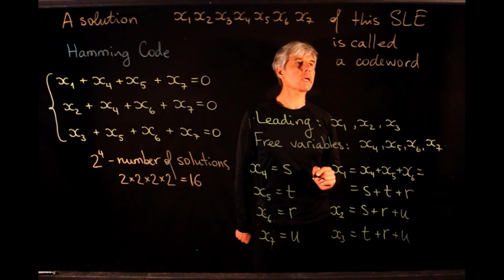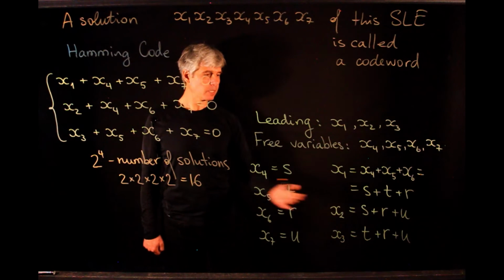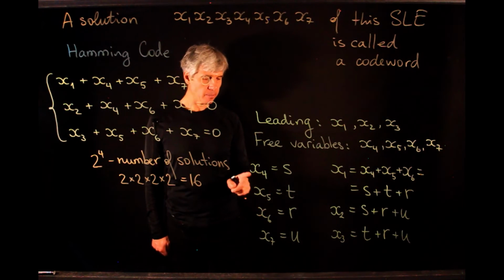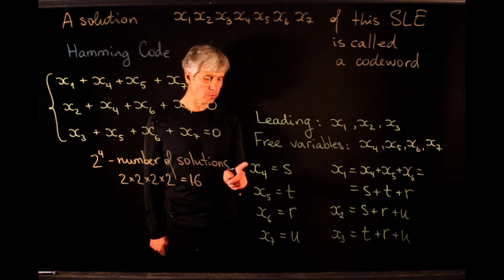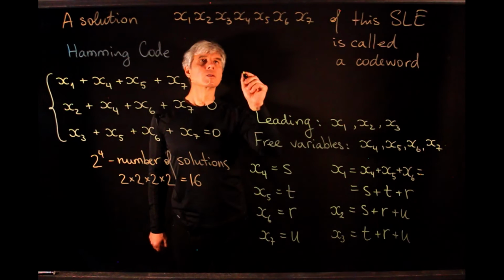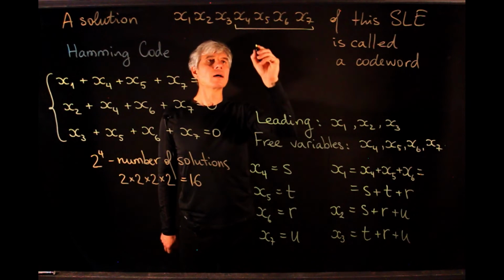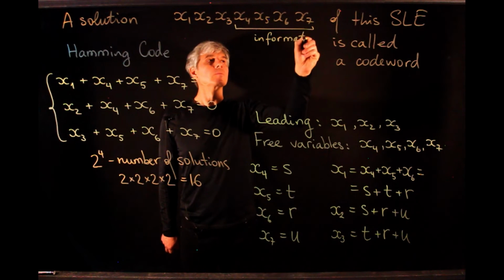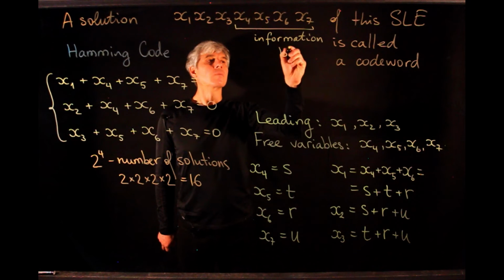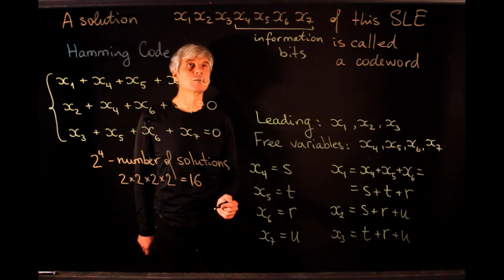Now, how can we describe code words and their structure? Well, linear algebra tells us that we can assign arbitrary values to the last 4 bits. So these 4 bits here are information bits. We can assign them any values we need.